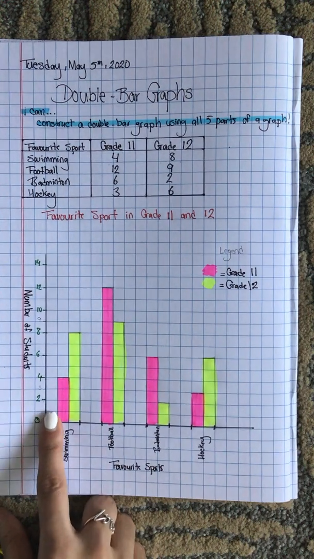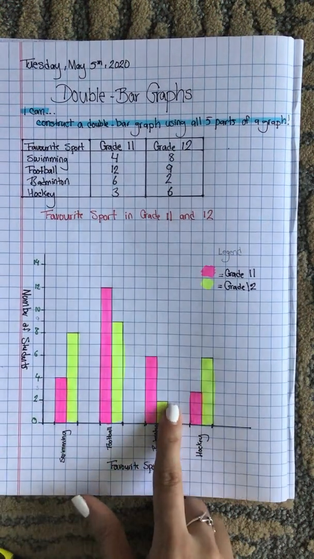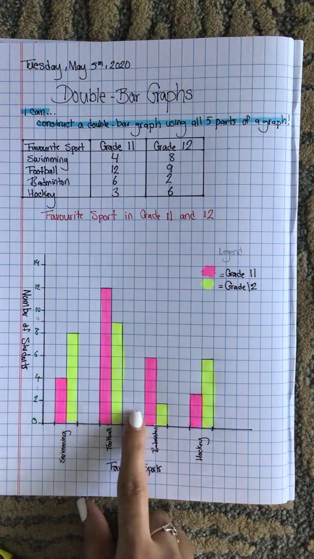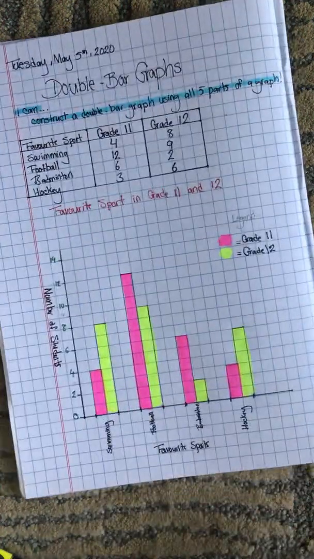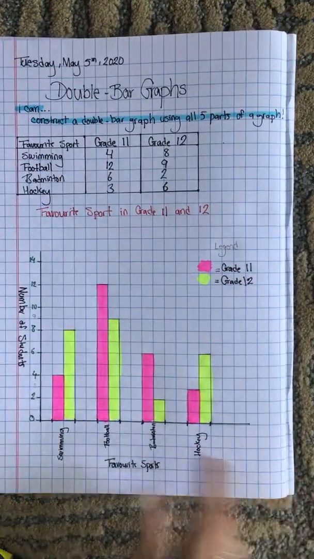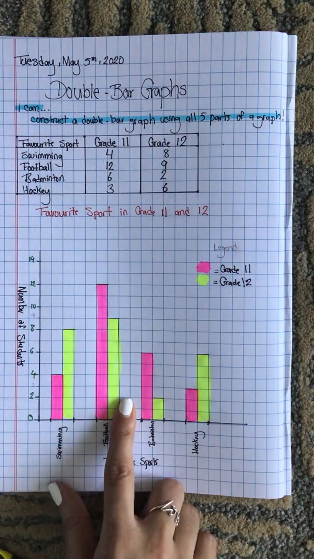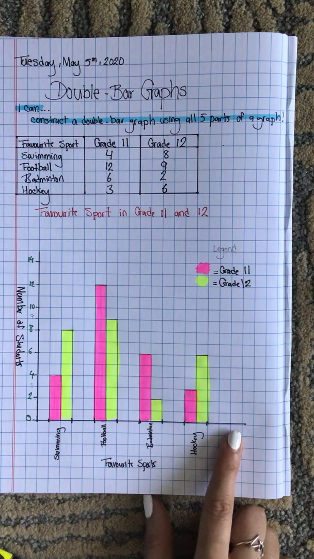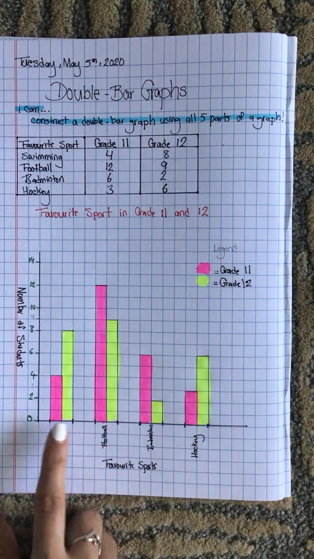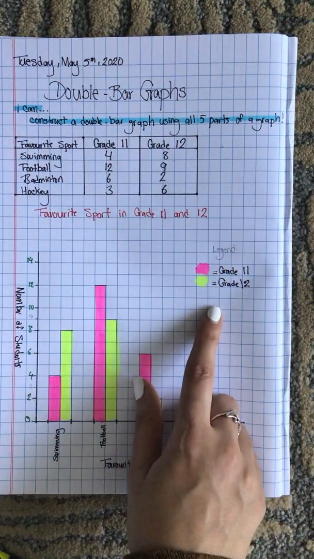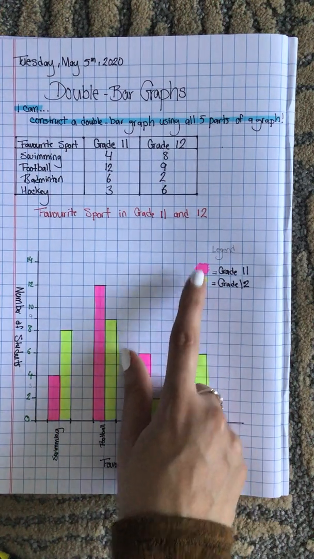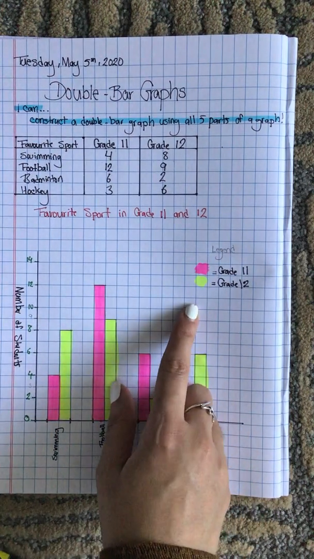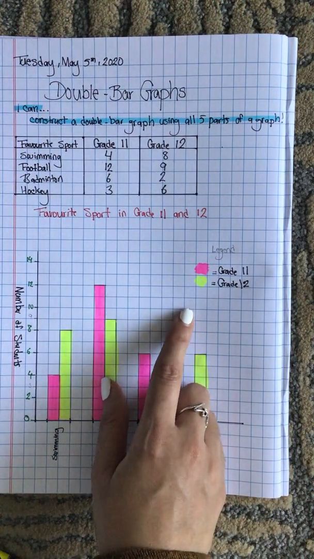In regards to our x-axis, remember we want to leave even spaces. If I have 2 here, I should have 2 and 2 and that's it, right? Keep it neat. It's not I left 2 spaces here and then I left 5 spaces here and then 1 space. It's very, very consistent, okay? And with double bar graphs, which is the new element today, we had a legend, right? There's always 2 colors. You can do 2 colors or 2 patterns. Maybe one is going to be black, one is going to be clear. It's up to you.